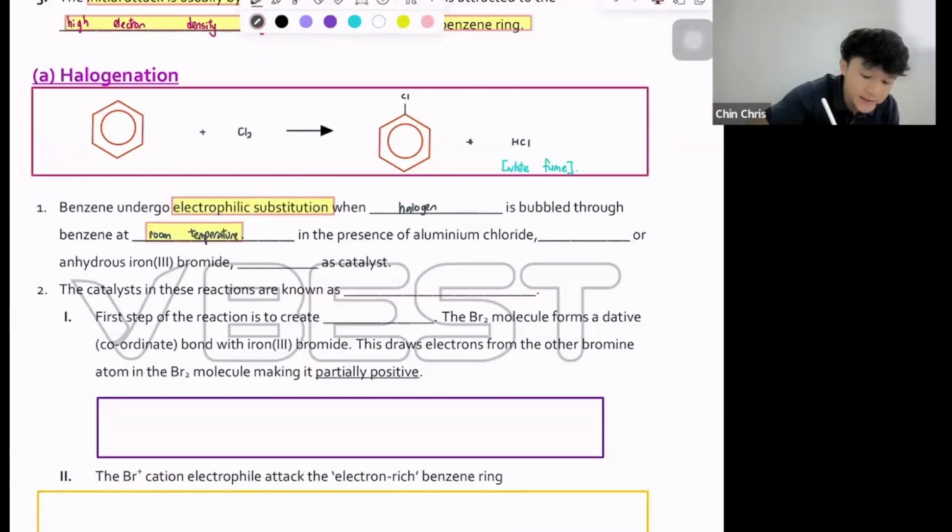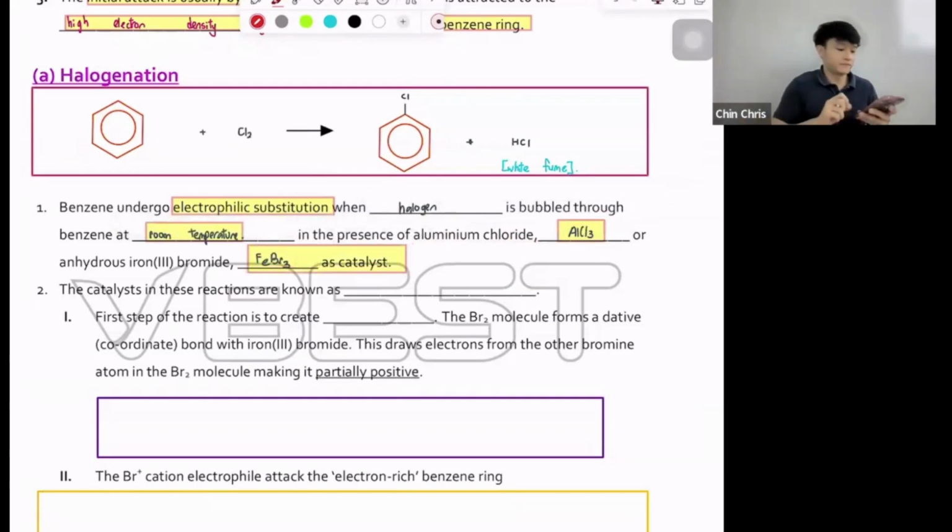The catalyst is AlCl3 or FeBr3. AlCl3, not Al2Cl6, that is different. It's AlCl3.